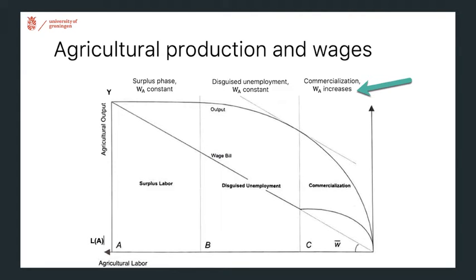Now, at that point, all the income that's generated in the agricultural sector, so Y, is used to compensate workers LA. So the wages in agriculture, the average income, is equal to Y over LA.